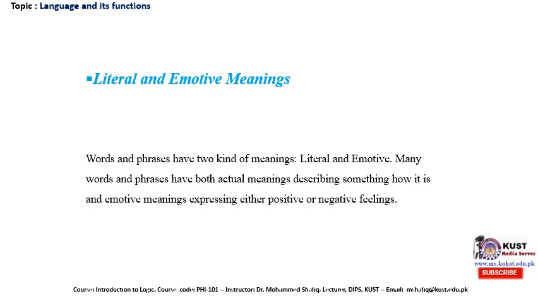So we need to understand in which context these words have been uttered in order to understand the meaning of those words, whether they have been used in literal sense or emotive sense.